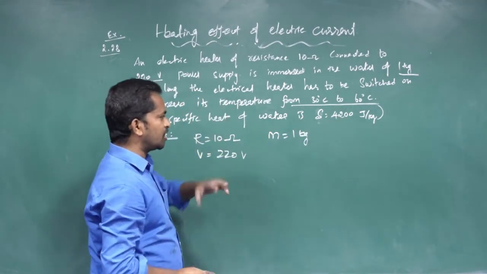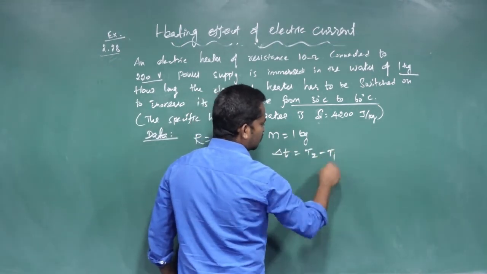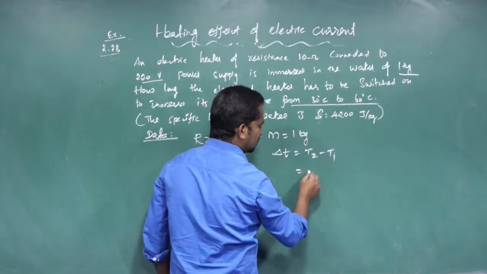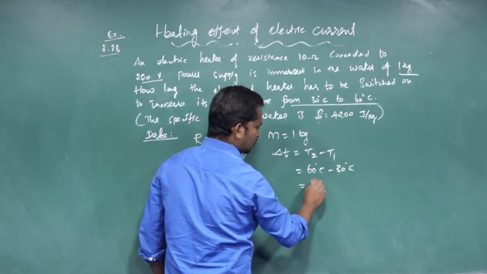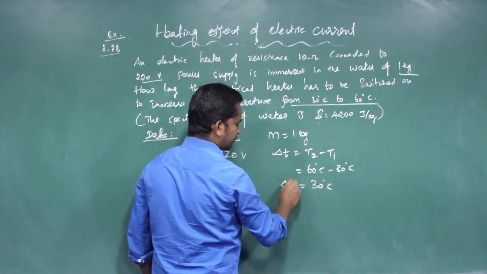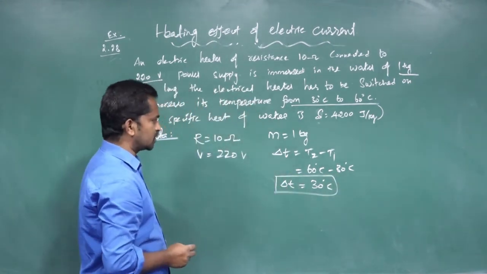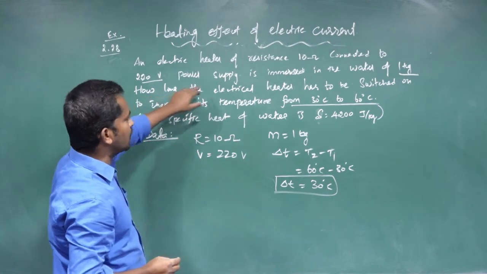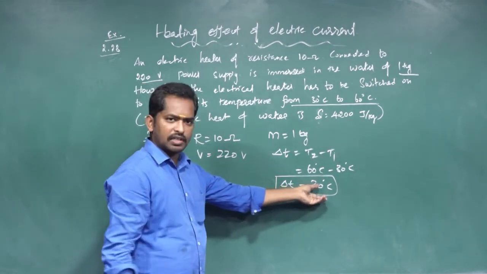The change in temperature, delta T, is equal to T2 minus T1, which is 60 degrees Celsius minus 30 degrees Celsius, equal to 30 degrees Celsius. I want to calculate how long the electric heater has to be switched on. The change in temperature is 30 degrees Celsius.